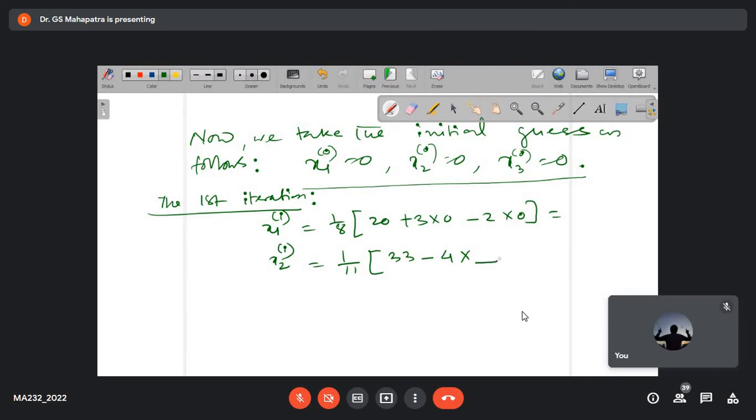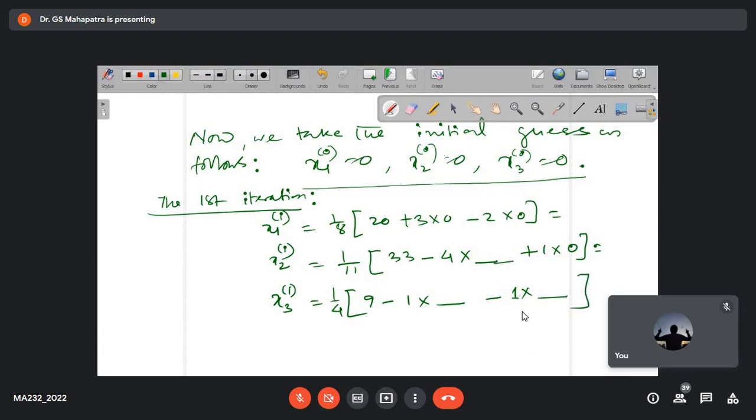You don't know, correct? Plus 1 into 0, that one I know. What is the answer? And now x3 1 is 1 by 4, 9 minus 1 into something minus 1 into something, this one.